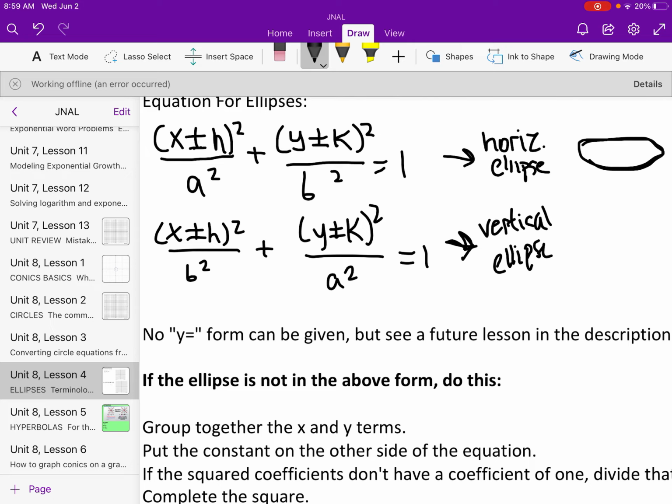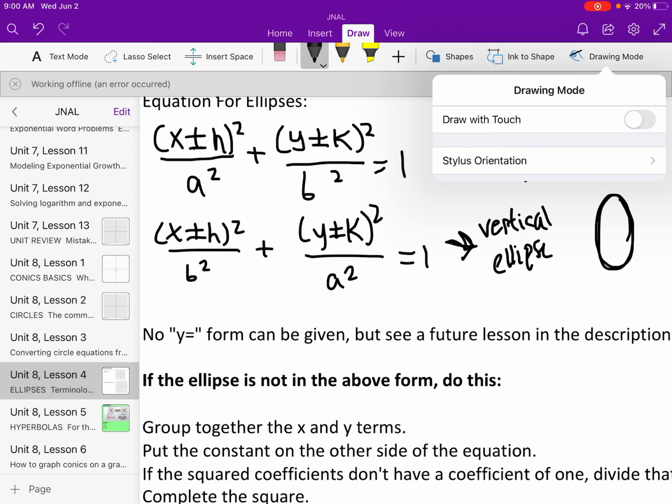Imagine a lemon or a breadstick. Then if y is divided by a, it's a vertical ellipse, so it kind of looks like an egg.